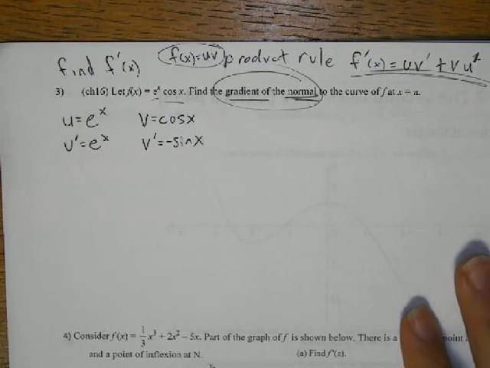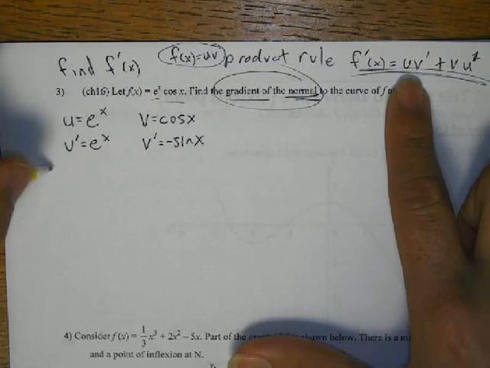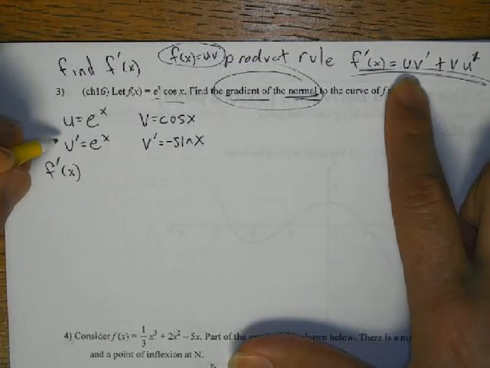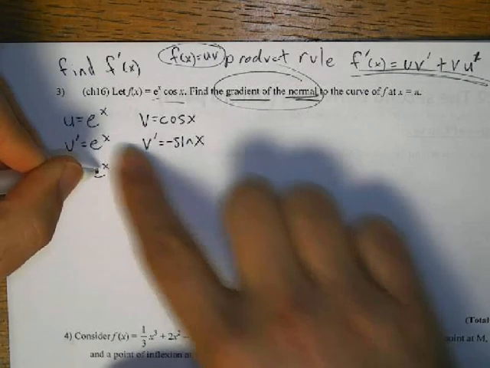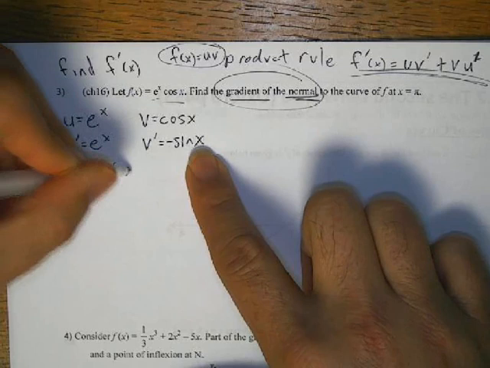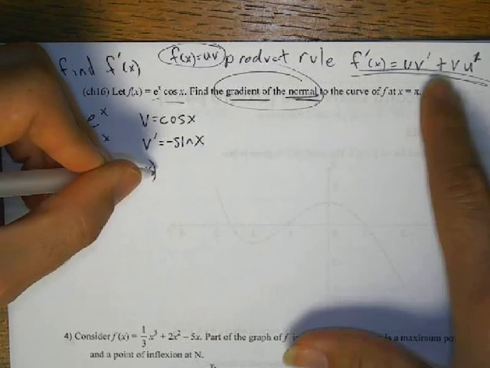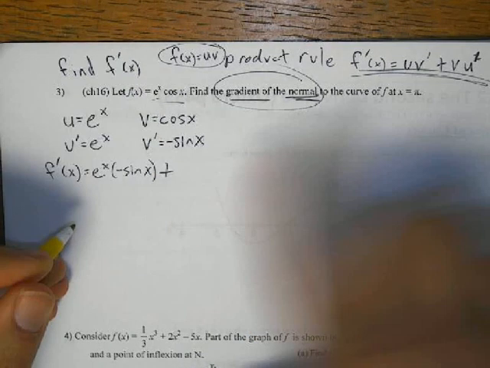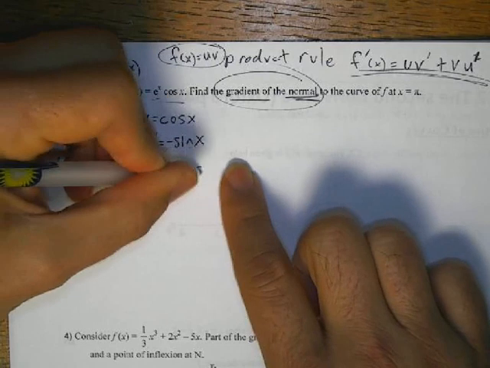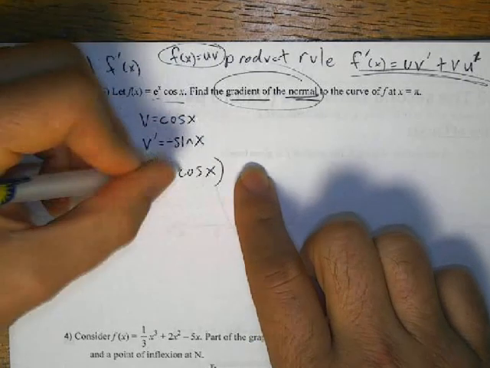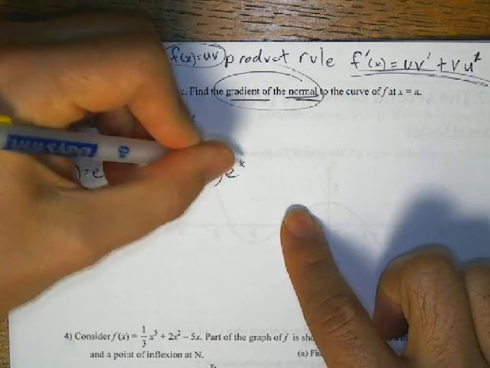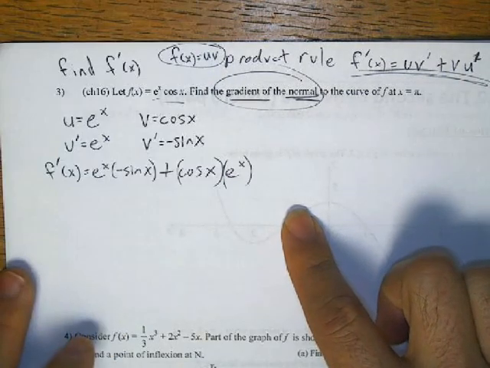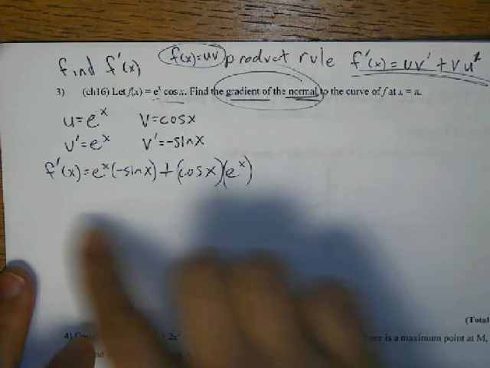So now using this formula, I'm going to say, okay, u, which is e to the x, times v prime, which is negative sine x, plus v, which is cosine x, times u prime, which is e to the x. And so that's my derivative.